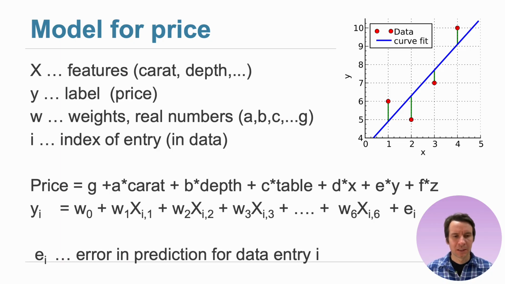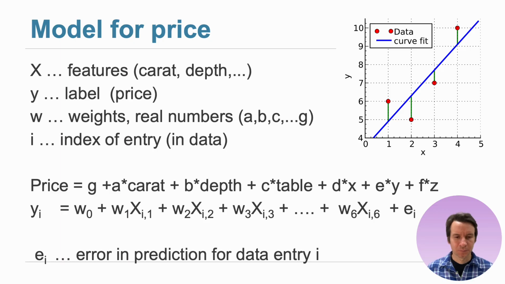And it will be the features x_i1, x_i2, x_i3, up to x_i6. I have 6 of these features, and I will combine them with the weights w1, w2, up to w6. And then there is the variable e_i, right?